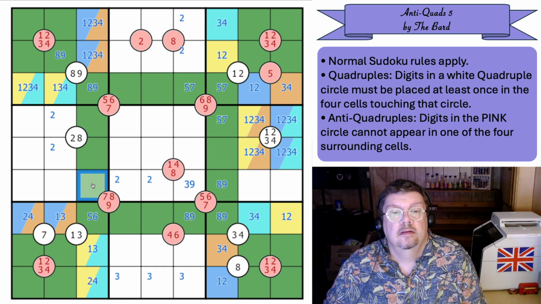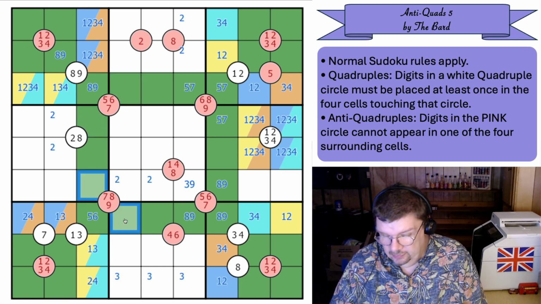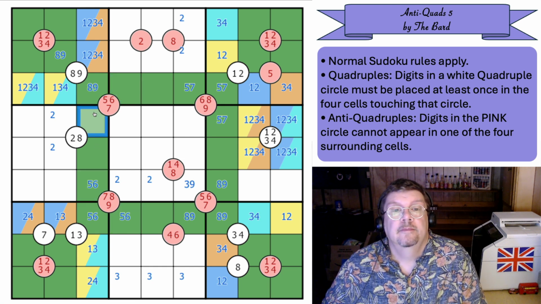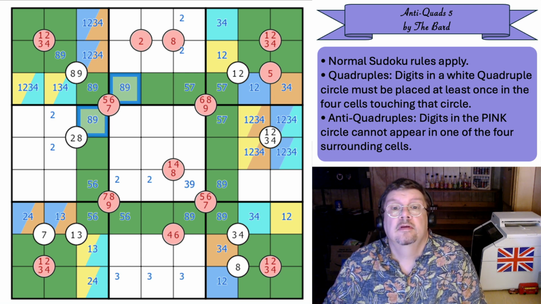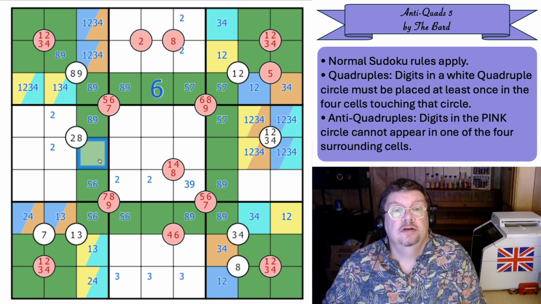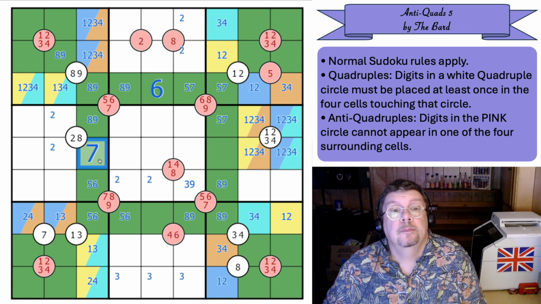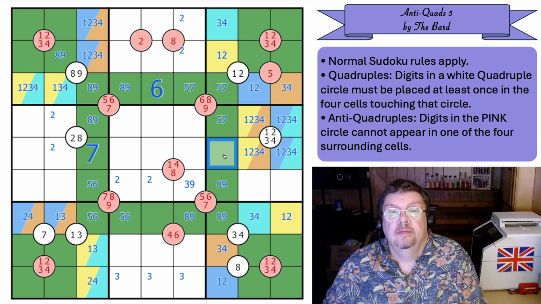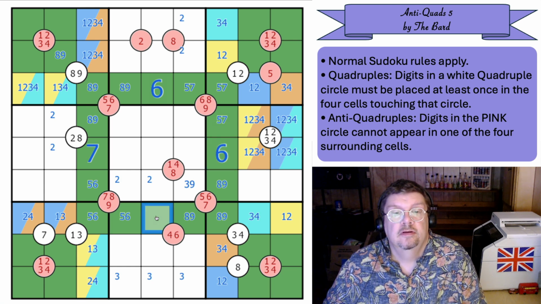Okay, those are 5s and 6s. These are 8s and 9s because they're not 5, 6, and 7s. All right, so this digit must be 6. This digit must be 7. This digit must be 6. This digit must be 7.